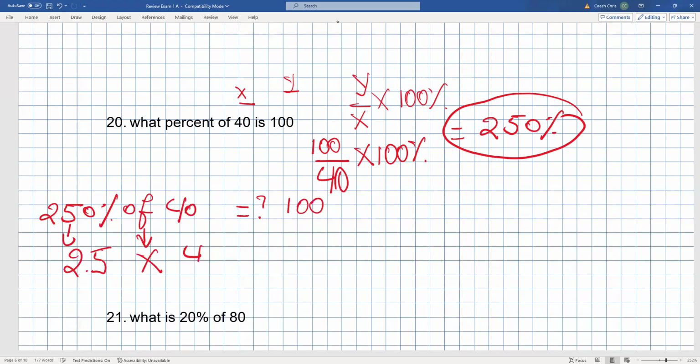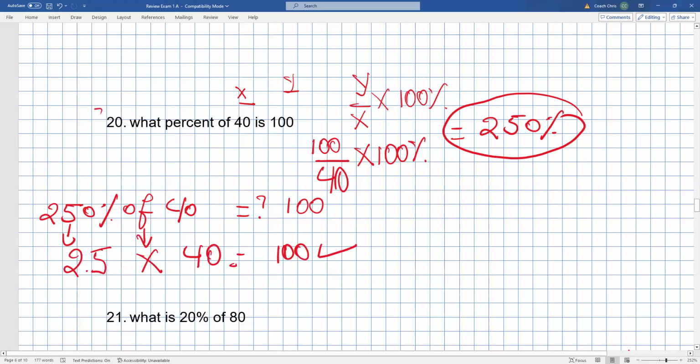So you multiply that by 40. So we need to check if 250% of 40 is 100. So you got 2.5 times 40, you have 100. So the question number 20 was, what percent of 40 is 100? So we know 250% of 40 is 100.